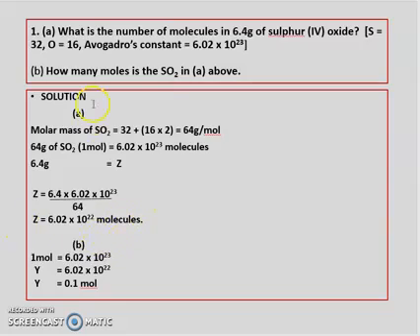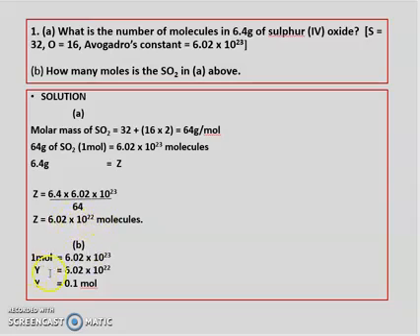Then the second question says, how many moles is in this sulfur IV oxide? I like using the proportional method, so pardon me. Since we know that 1 mole of sulfur IV oxide contains 6.02 times 10 to the power 23, we are looking for how many moles are in this 6.4. So, Y moles will be in 6.02 times 10 to the power 22, because this 6.4 gram contains 6.02 times 10 to the power 22 molecules.